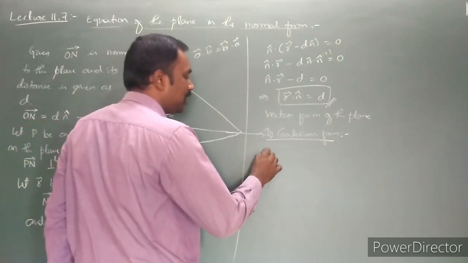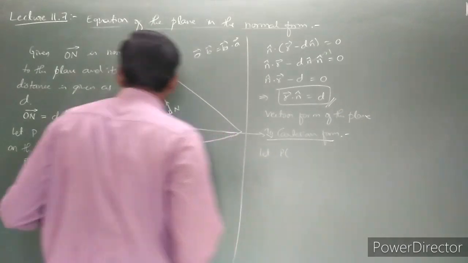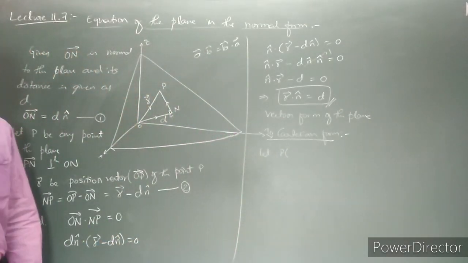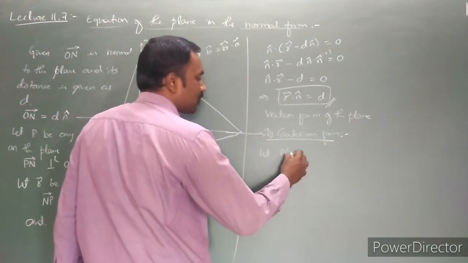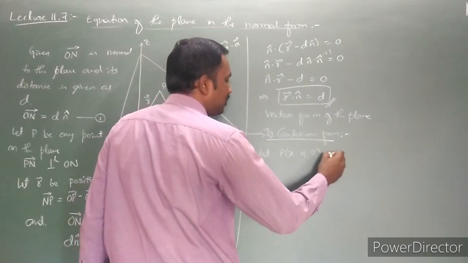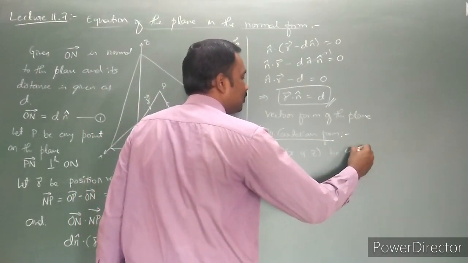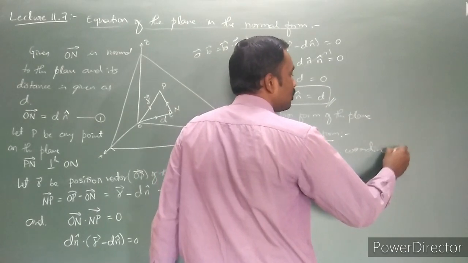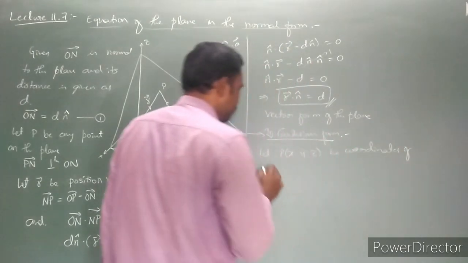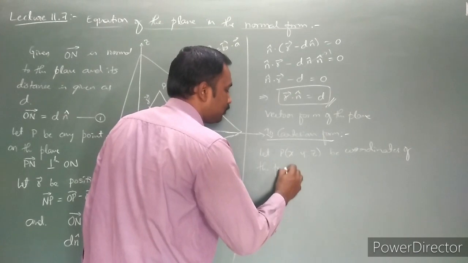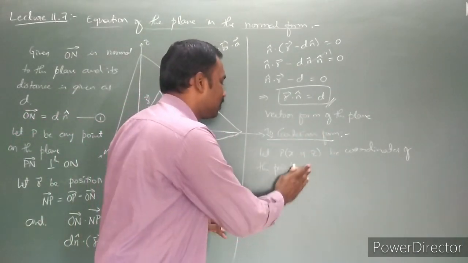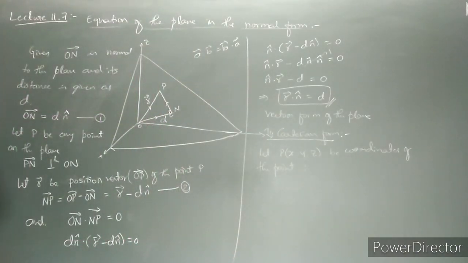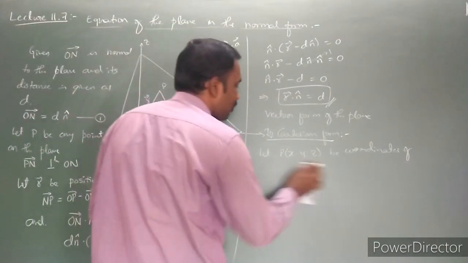Let P be a point on the plane, and let x, y, z be the coordinates of the point P. Just mention it, that's enough.